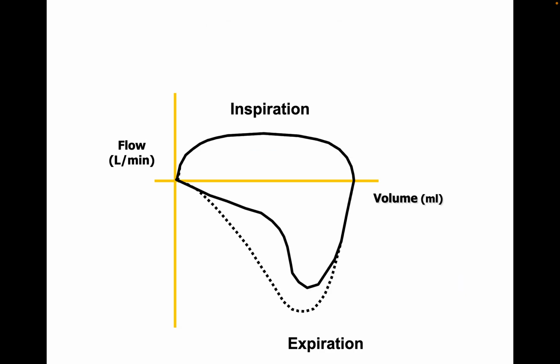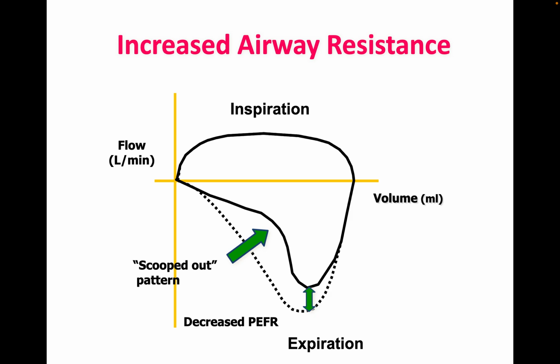And in this particular graph, inspiration is okay, but in expiration the PEFR has gone down and there is a scalloping of the expiratory limb. If you remember, if the PEFR goes down, it is usually seen in obstructive airway disease or bronchospasm. So there is a scooped out pattern, which is classically seen in airway resistance patients.